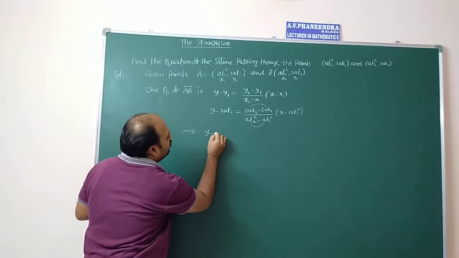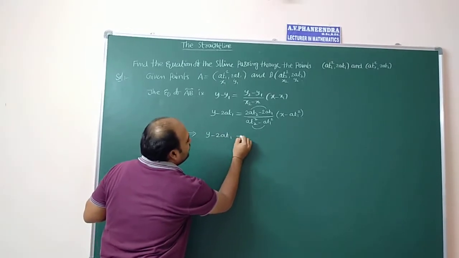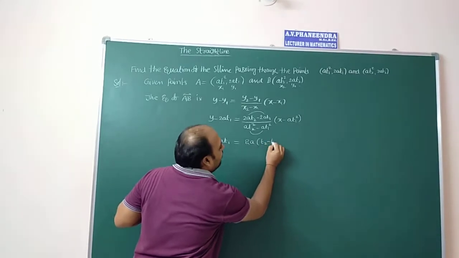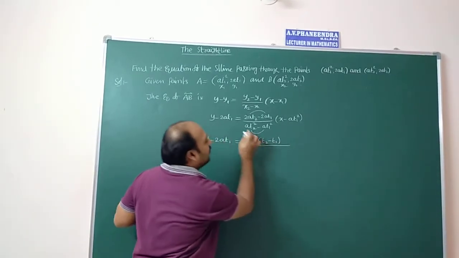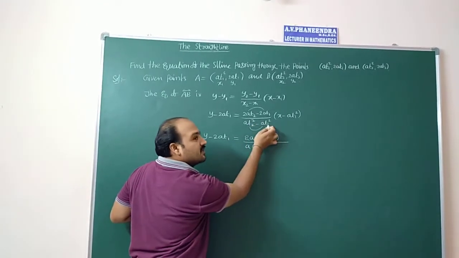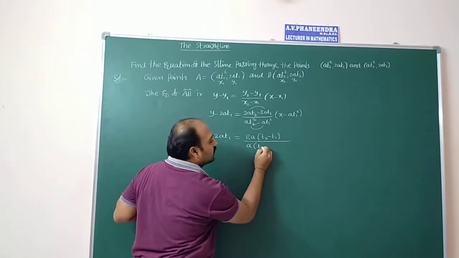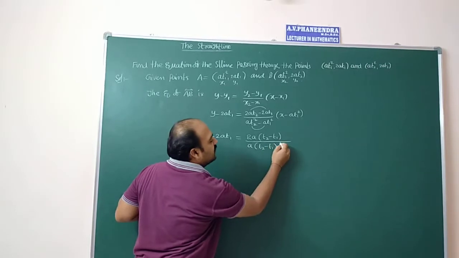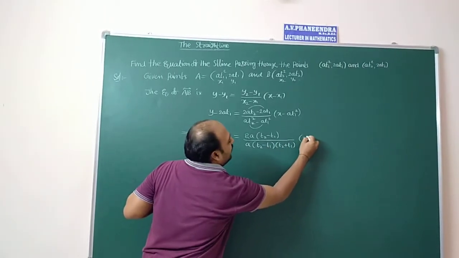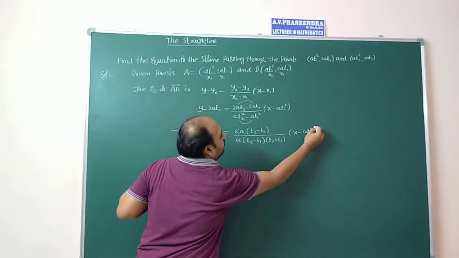Therefore, y minus 2at1 is equal to 2a(t2 minus t1) divided by a(t2² minus t1²), which can also be written as (t2 minus t1) into (t2 plus t1), into (x minus at1²).